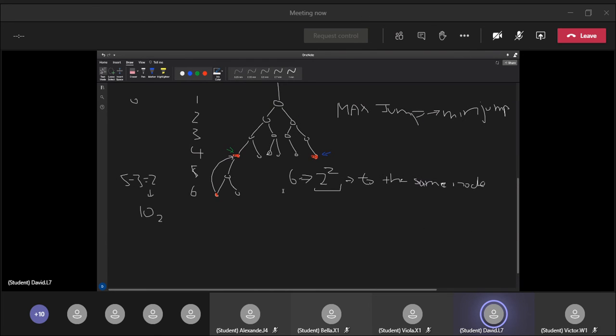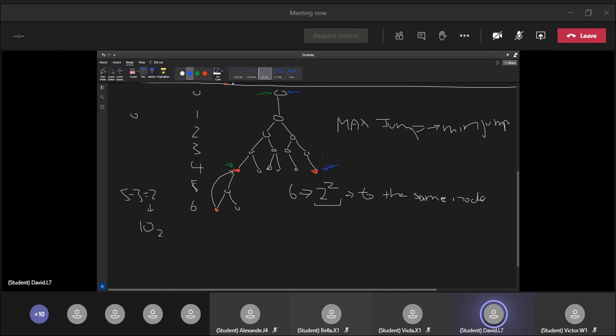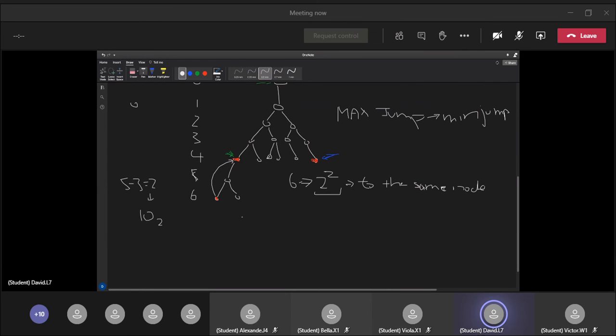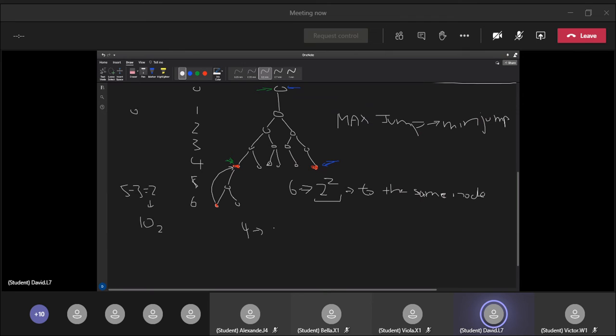So I'll go over it. Right now we're at our 2 red nodes, the green node and the blue node. So we're going to go from our max jump to our minimum jump. Our maximum jump is a jump of size 4, right? If we made a jump of size 4, as we covered here, we would get to the same node, which is bad. So we're not going to make this jump. This is a bad jump.